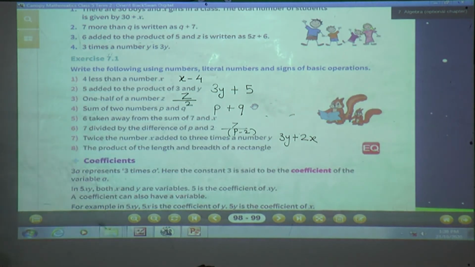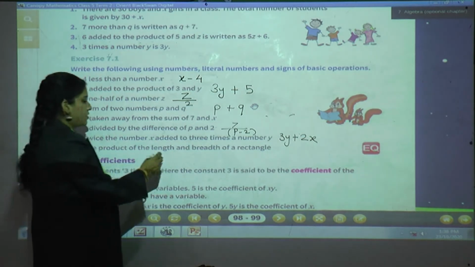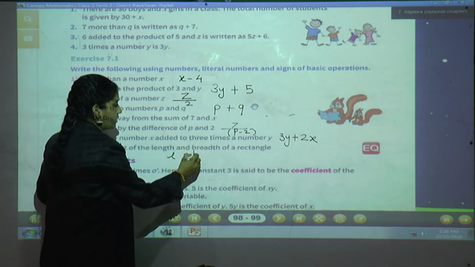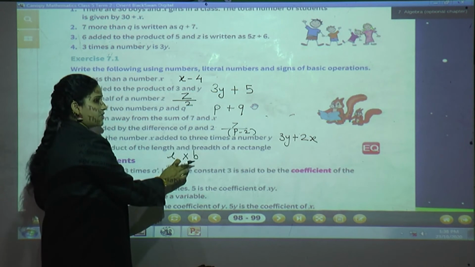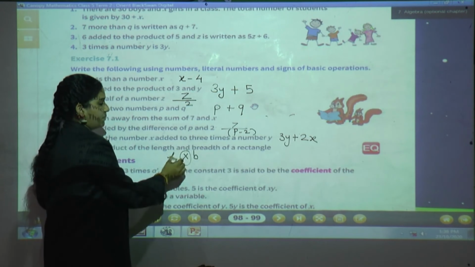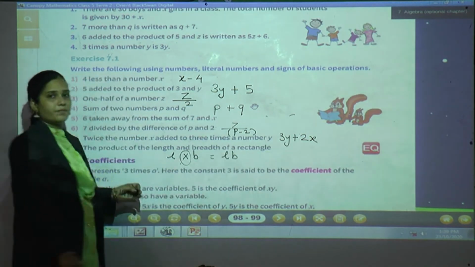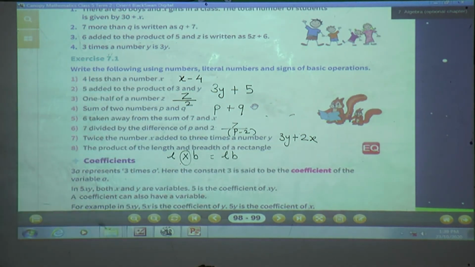Understood all of you? Okay. The product of the length and breadth of a rectangle. Product means multiplication, so length L multiplied by B. But in algebra we omit the multiplication sign, so we can write LB. Understood all of you? Now our next point is coefficients.